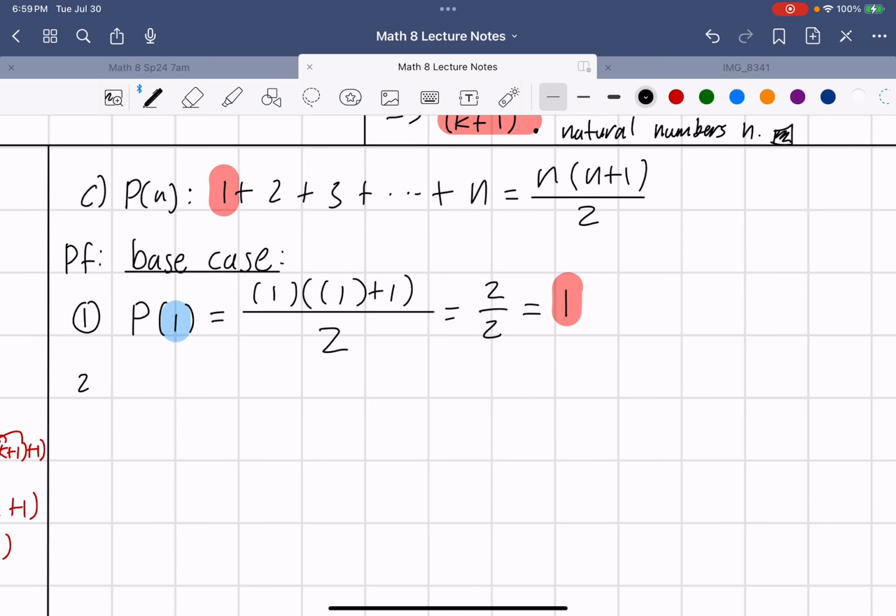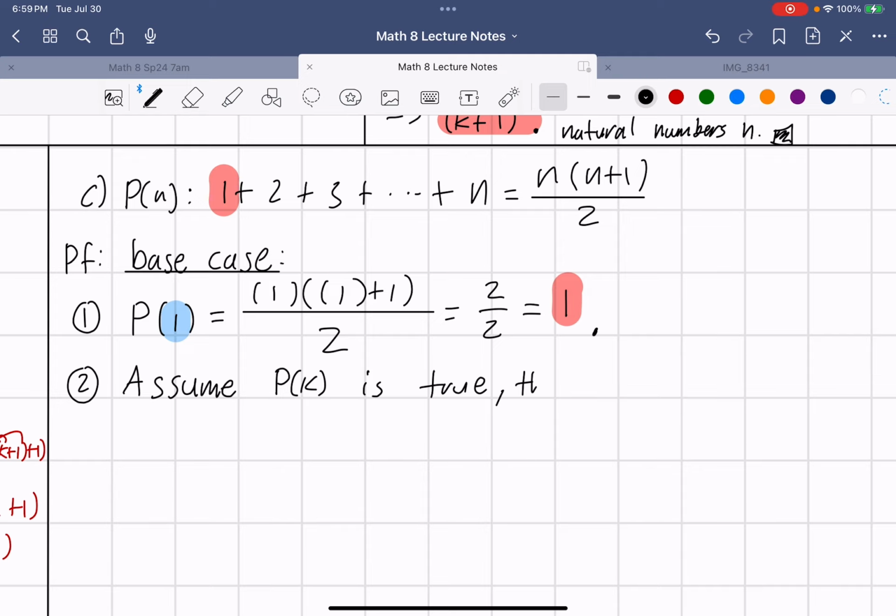In part 2, this is where I assume. So check on the base case. And then I assume P of K is true.